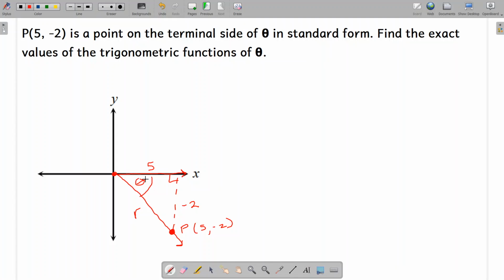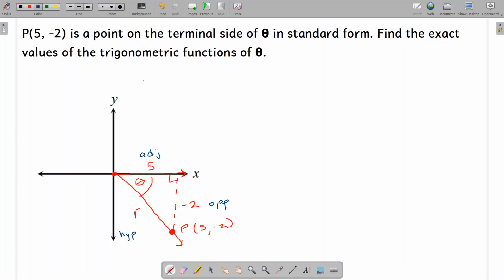Now, we don't know the angle for theta, but we will have all of the sides. We'll have the opposite side, we'll have the adjacent side, and we'll have the hypotenuse. So we'll have everything we need from this construction here to be able to find the values of those trig functions. First, we just need to find r.